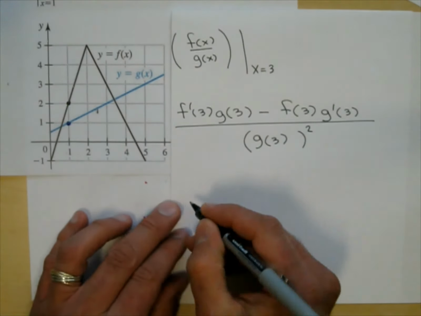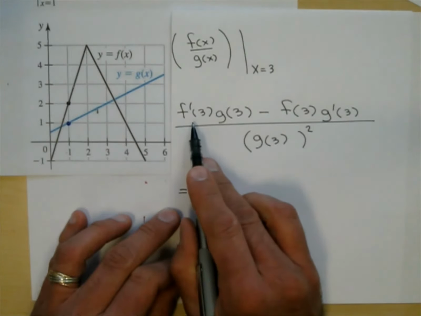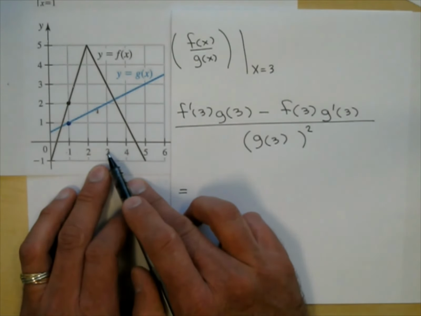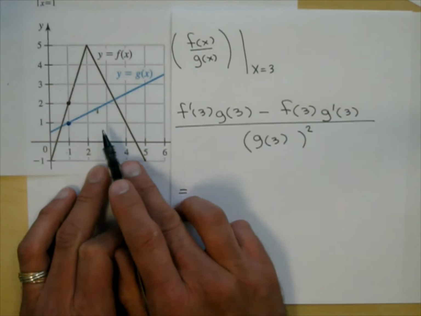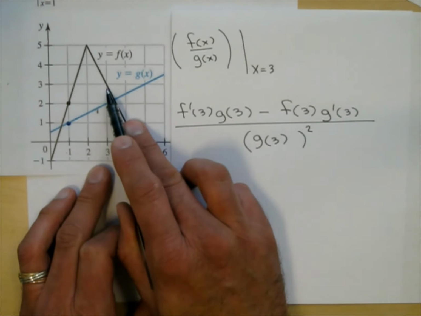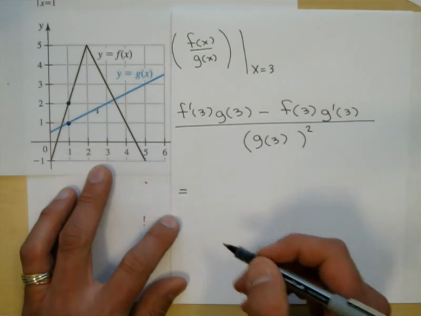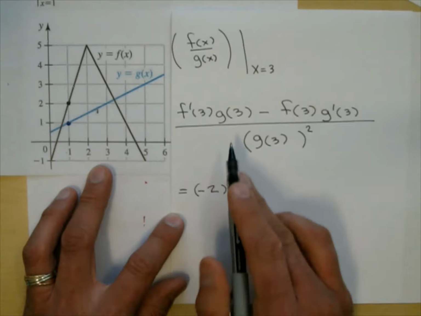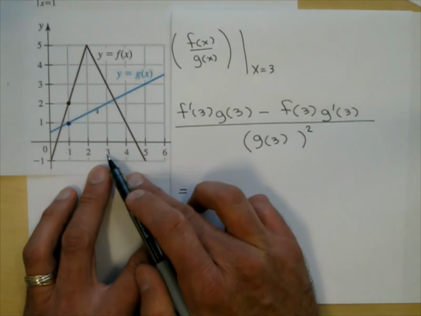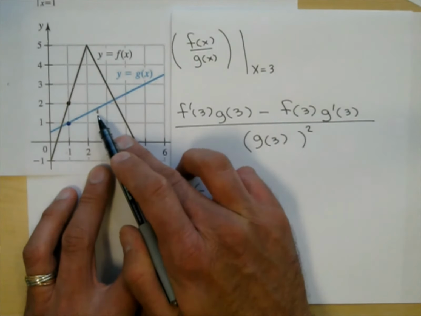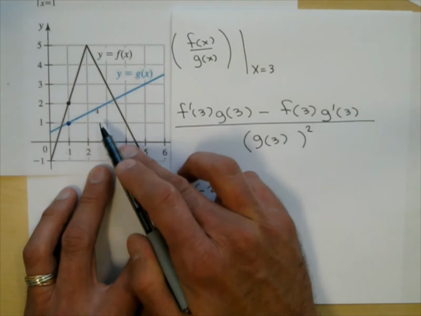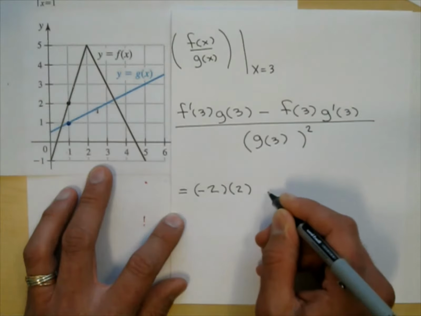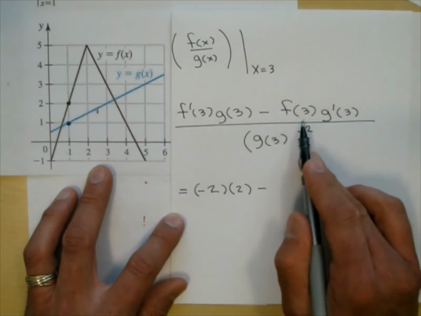F prime of 3. Okay, so F prime of 3. So here's 3. F is the black graph. The slope of the black graph at x equals 3 looks like -2. So you do rise over run to get that. Then you're going to go G of 3. I don't know what that is. I copied it and then that was on there. G of 3 is 2. We have minus from that F of 3.